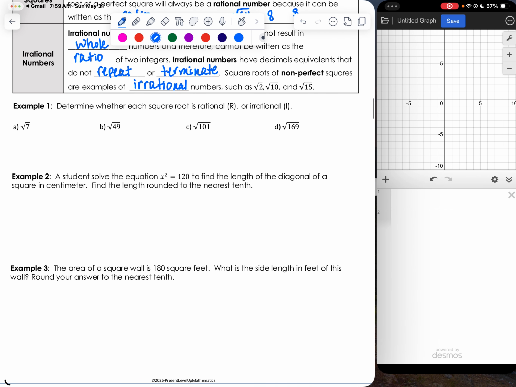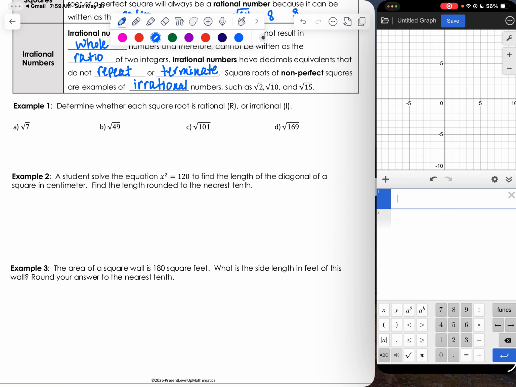So in example 1, it says determine whether each square root is rational, R, or irrational, I. So to do this, we're going to use our calculator. If I type in square root 7, I get a decimal that does not repeat or terminate.